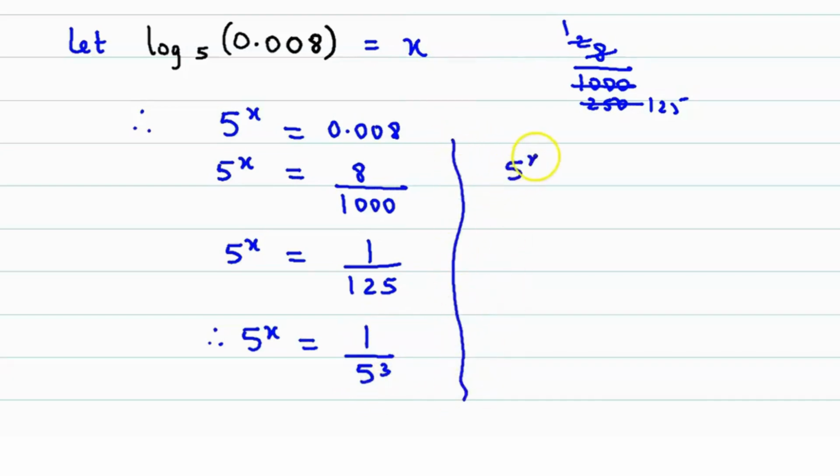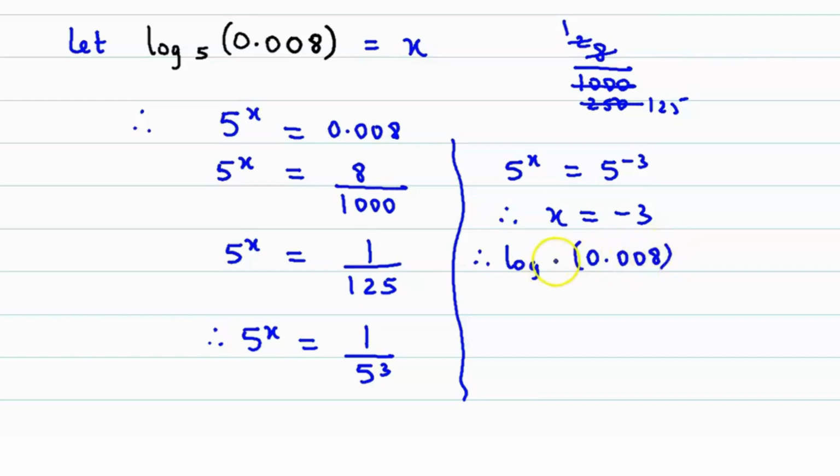So 5 raised to x is equal to 5 raised to -3. अब बेस सेम हो गए तो we could equate the powers. So x is equal to -3. Therefore log of 0.008 to the base 5 is equal to -3.